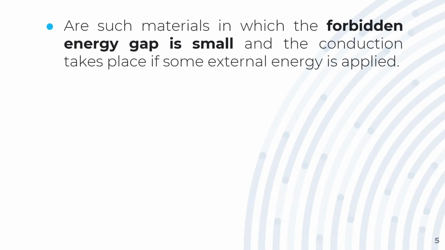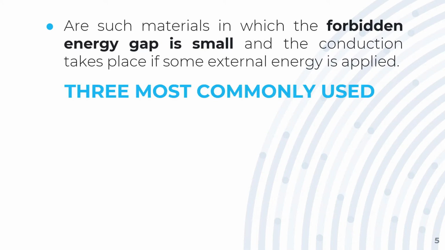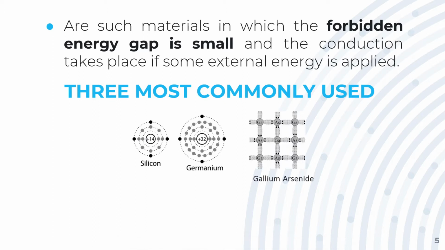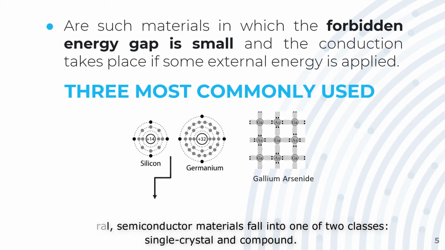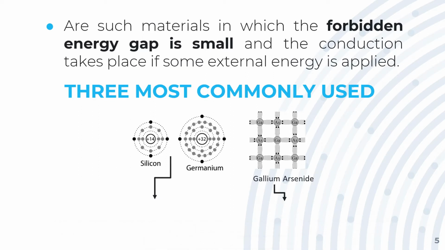Semiconductors are such materials in which the forbidden energy gap is small and the conduction takes place if some external energy is applied. So there are three semiconductors used most frequently sa pag-construct ng electronic devices, at ito ay ang germanium, silicon, and gallium arsenide. In general, semiconductor materials fall into one of two classes, either single crystal and compound.